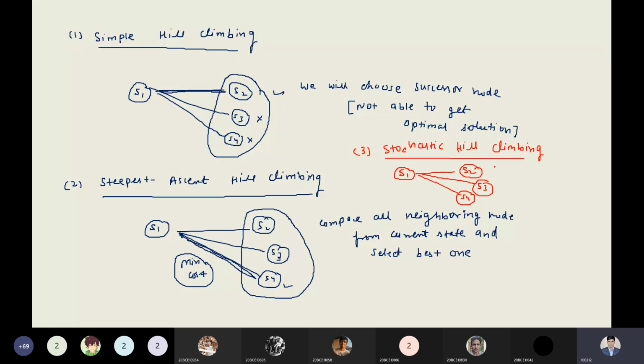From these neighboring nodes, what will you choose? You will choose any random node as a successor node, or whatever you can call it, as the next node to reach the goal state.